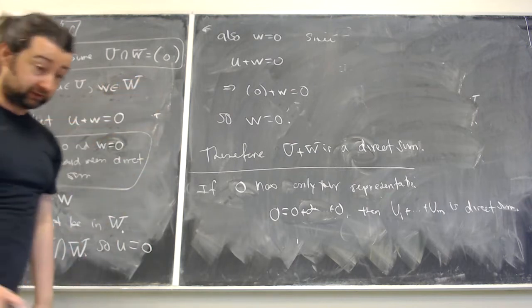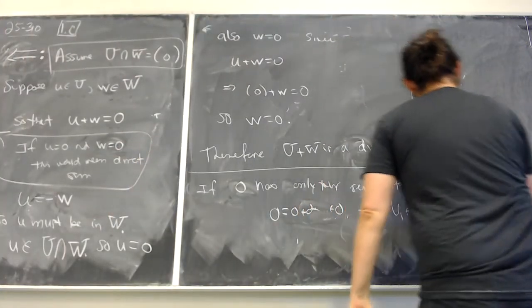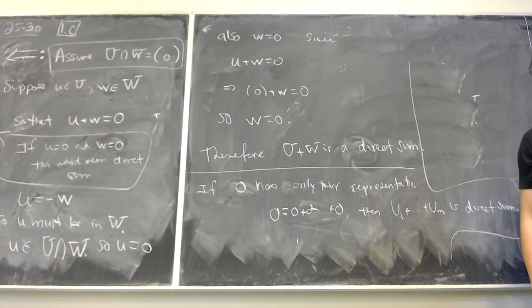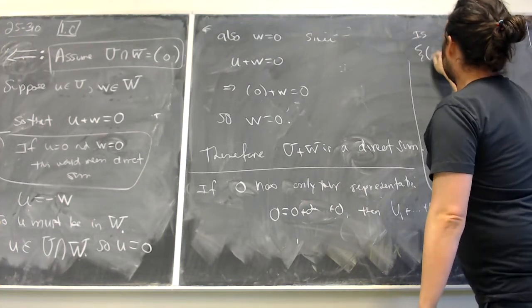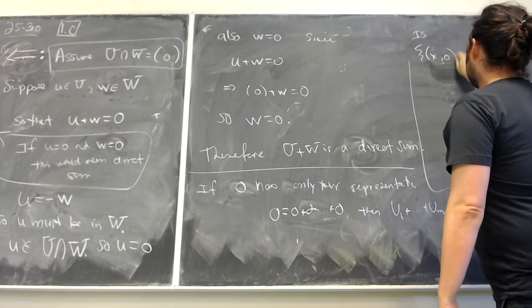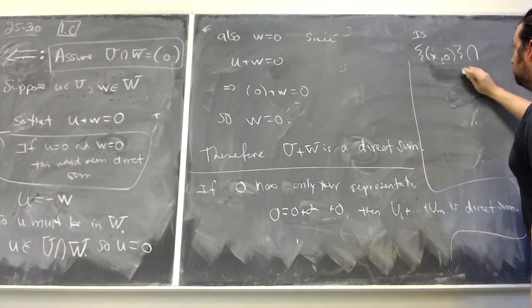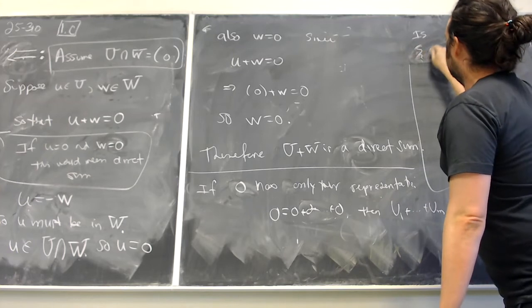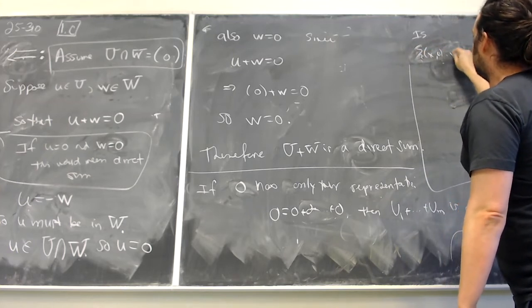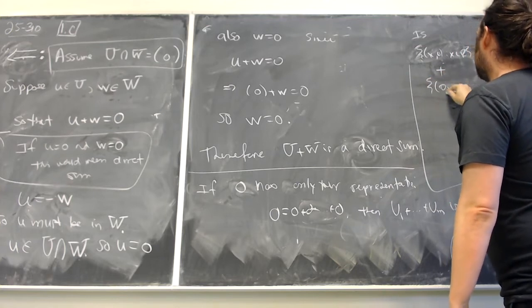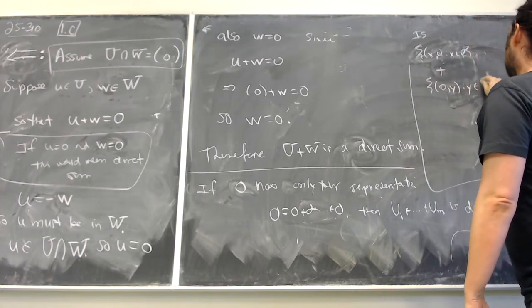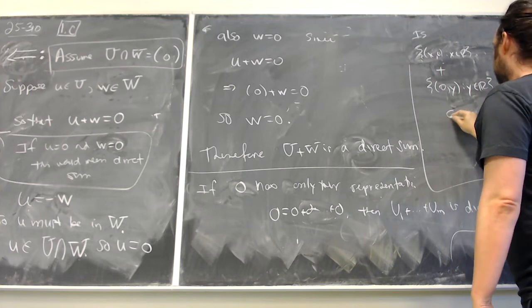That's trivial actually. This idea of intersection trivializes a lot of problems. Let's say I have the set of things that look like (x, 0), where x is in R, plus the set of things that look like (0, y), where y is in R. Is it direct?